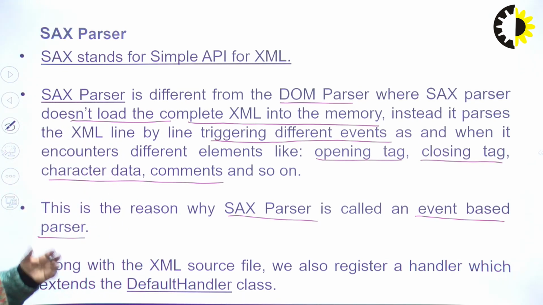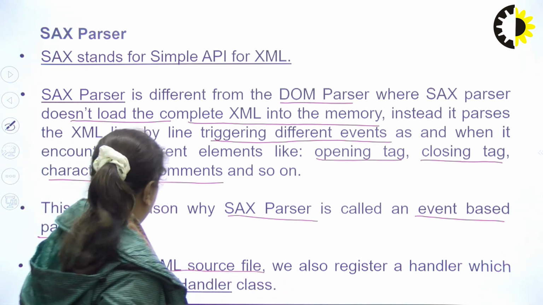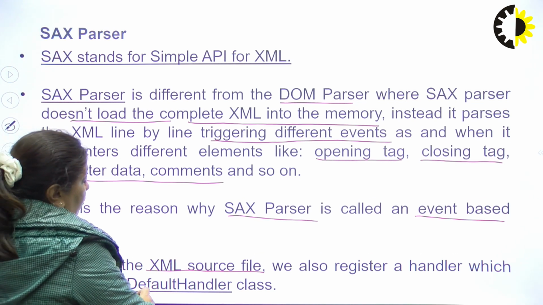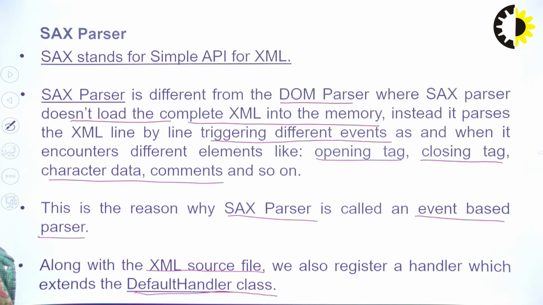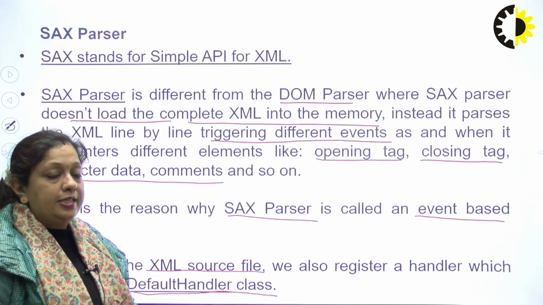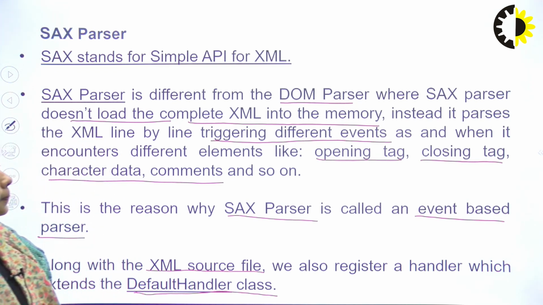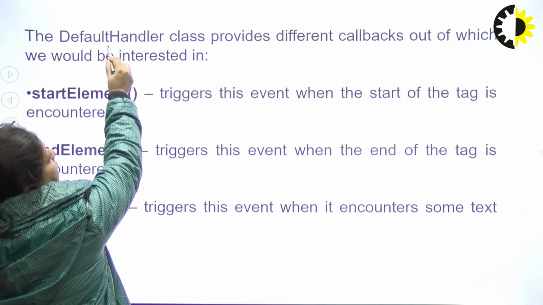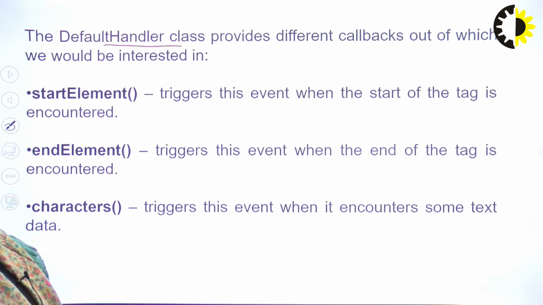So whenever we have an XML source file, we also need to register a handler. We need to register a handler which is going to extend the DefaultHandler class. Why? Because we need to handle the events. This DefaultHandler class has different methods through which you can handle the events, and it provides the different callbacks we are interested in.